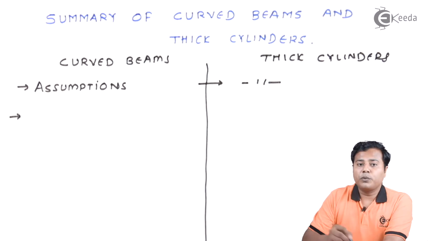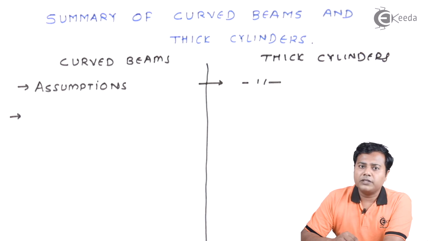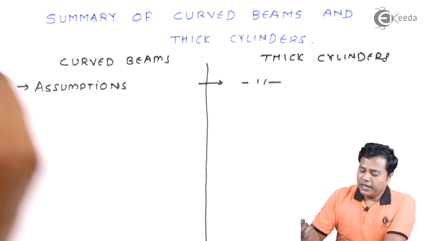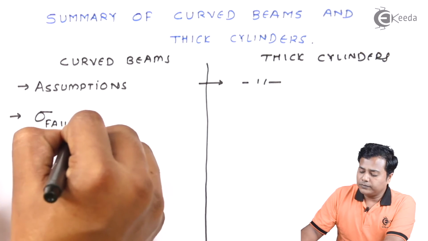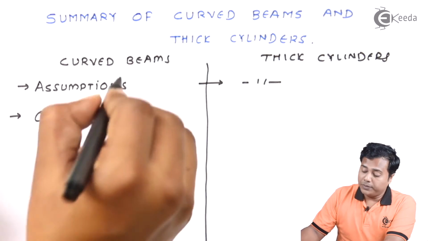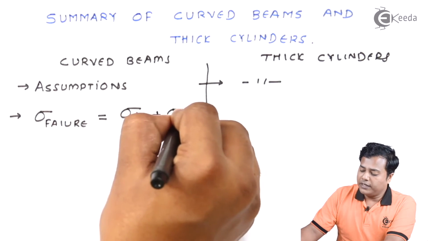We actually solved a few problems on the design of curved beams, which are based on two important formulae. It depends upon the principle that states that a curved beam, if it has to fail, will fail under the combination of the direct stress as well as the bending stress, and hence sigma failure for the curved beams will be given by sigma bending as well as sigma direct.